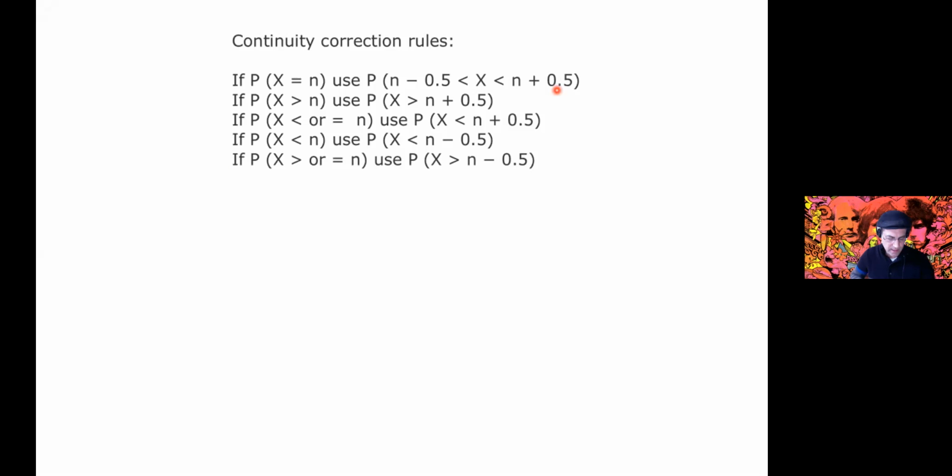If we want to calculate the probability that X is strictly greater than n, that means it can't be equal to n. We would take n, add 0.5, and use the probability that X is greater than n plus 0.5, because X is integer valued. The first condition holds if and only if the second condition holds.